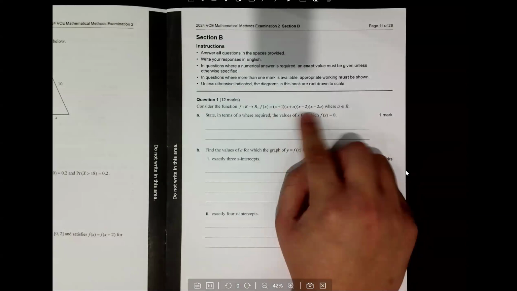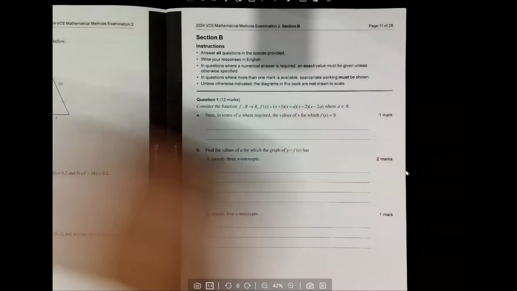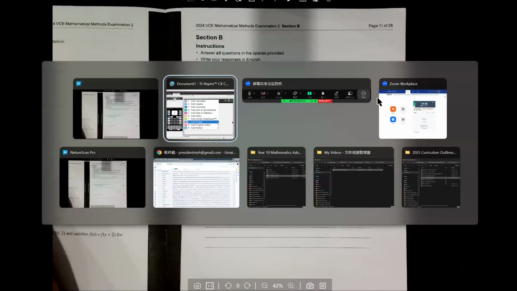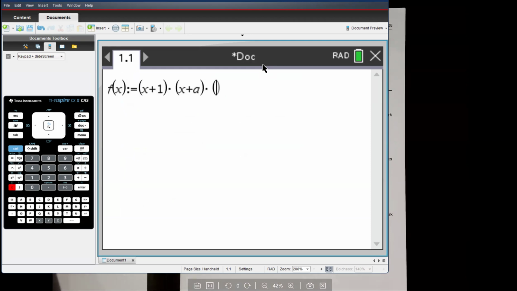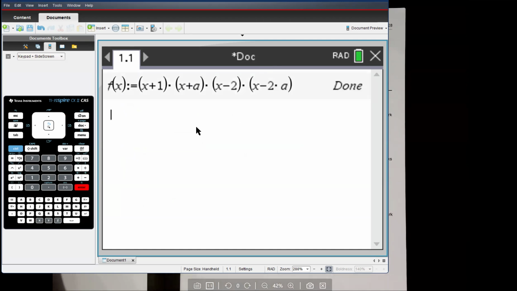Maybe you want to use sliders, but what I'm doing is I'll start with defining this function: x plus 1 times x plus a times x minus 2 times x minus 2a. And then if I use the zeros button, zeros of f of x comma x, I'm able to get minus a, 2a, minus 1, 2.